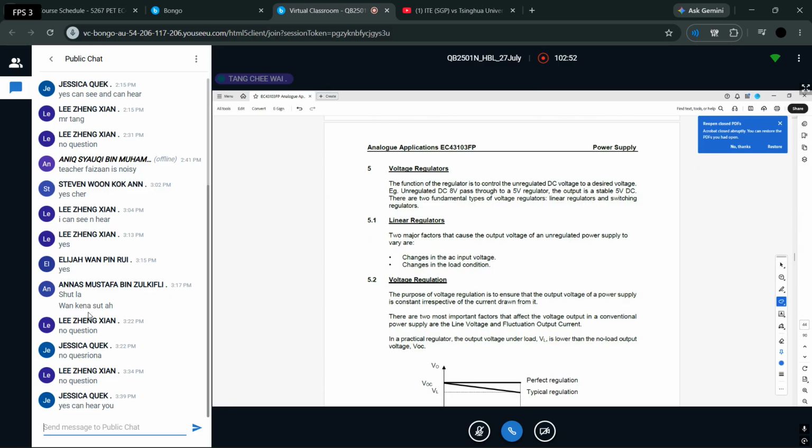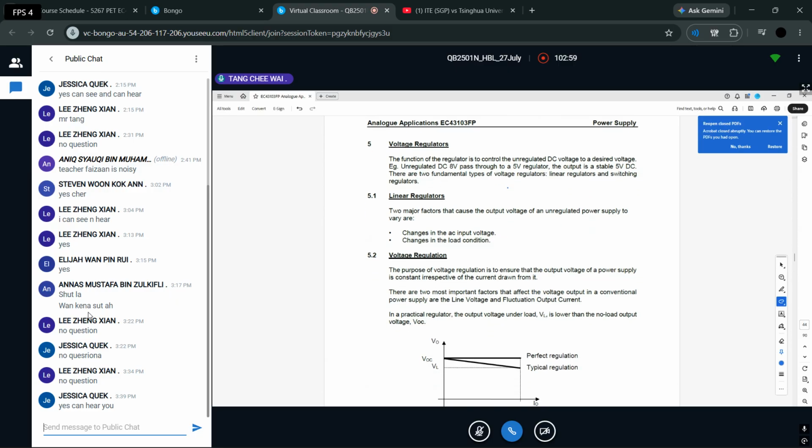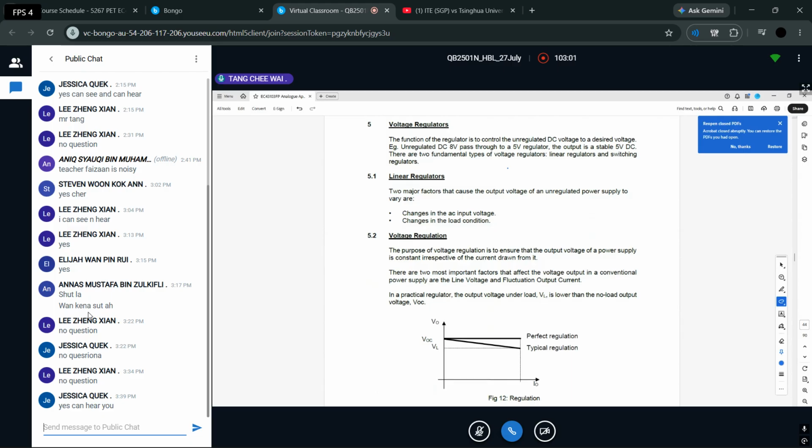So what is affecting the so-called fluctuation here? We take a look. First, of course, this one is beyond our control. The incoming 230 volt AC fluctuates, and then it affects our power supplies. Don't forget we have to convert the AC to DC.